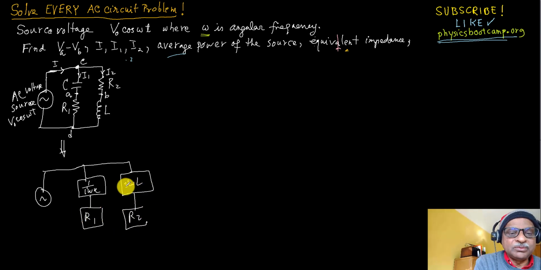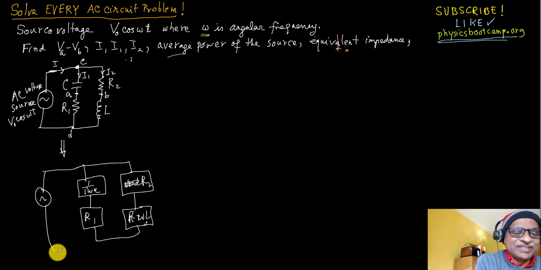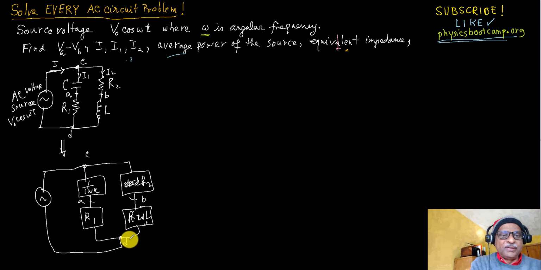Oh, this was R2, and this is i omega L. I wasn't looking. So this is A and this is B. Let's call this C, D.